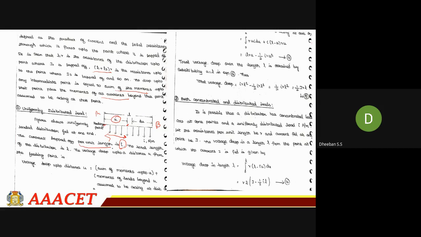Here the value will be going from 0 to U.